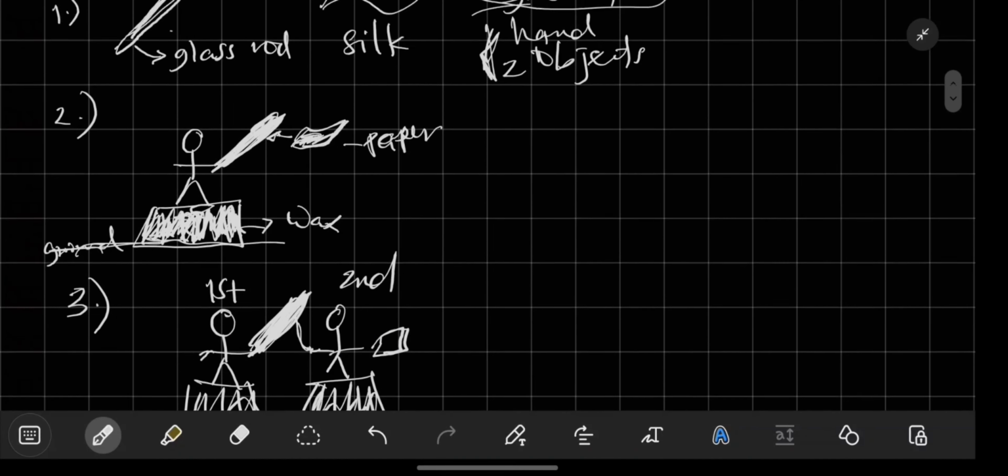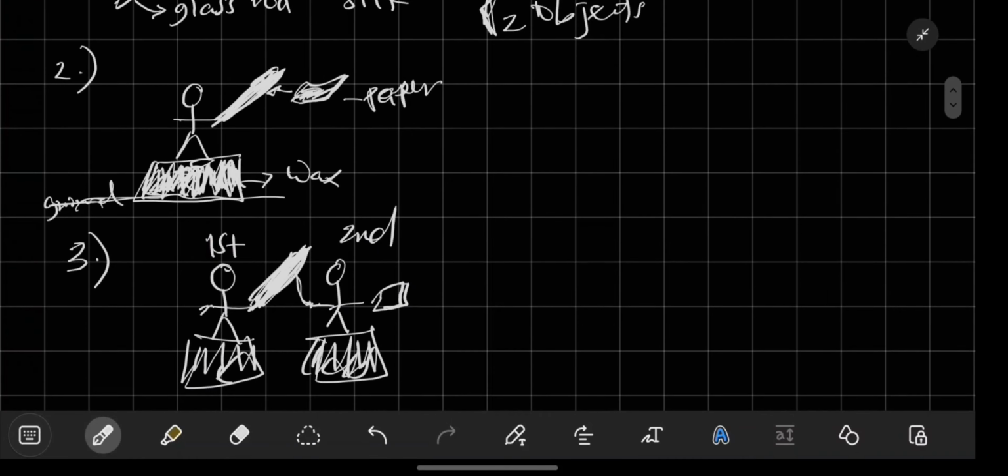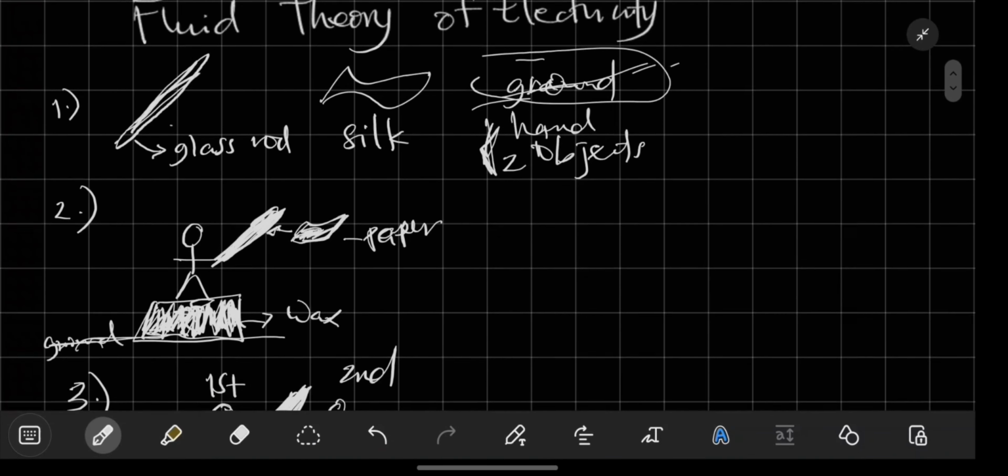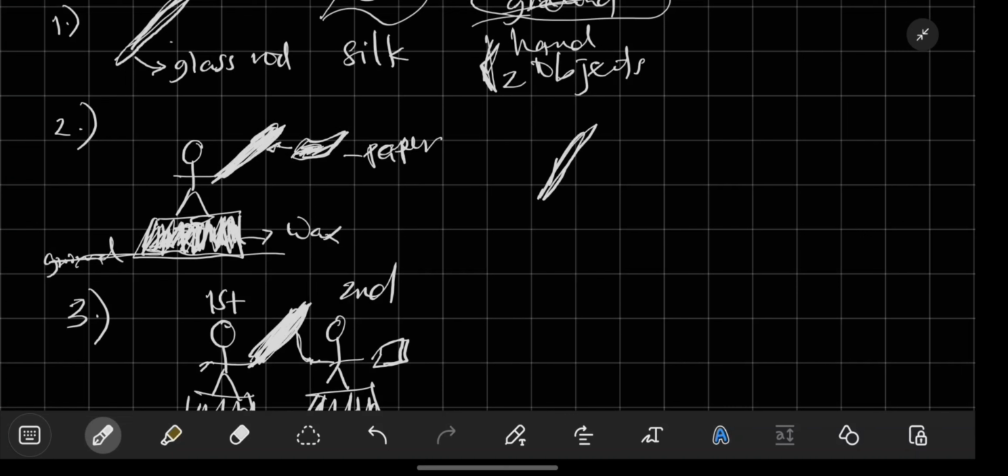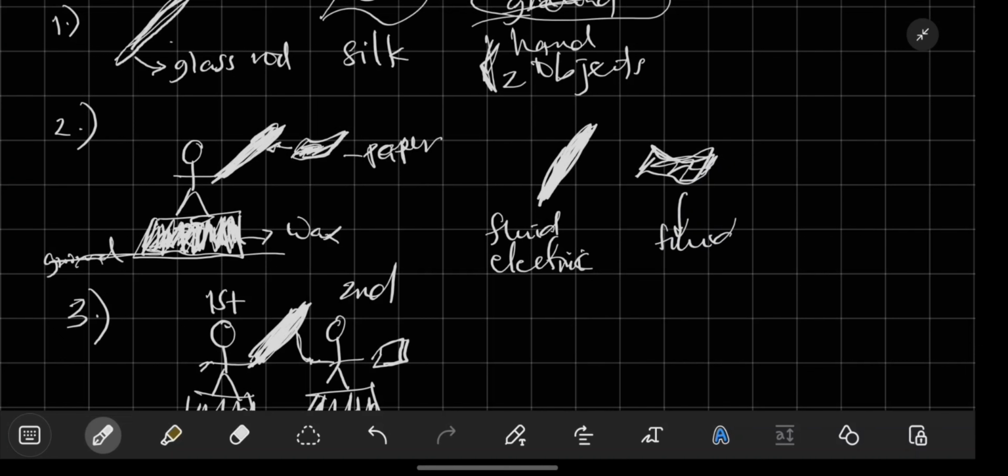So, because of these three experiments, he made the conclusion that the two objects, which are the glass rod and the silk, have their own fluid. So, at that time, he called that fluid electricity or electric fluid. Okay, so this silk has also its own electric fluid.